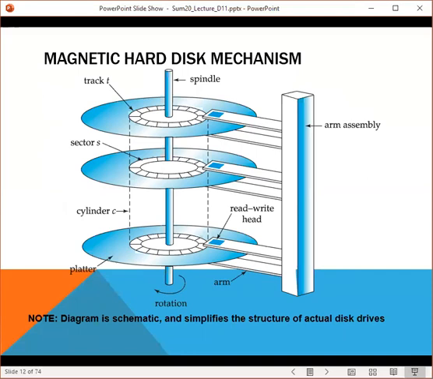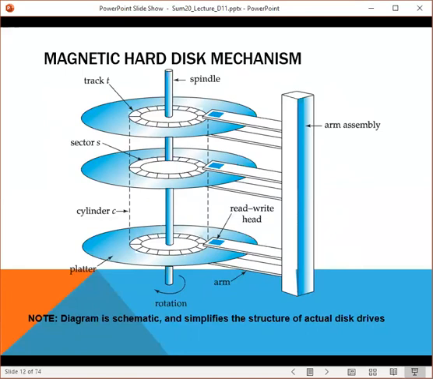So let's look at how data is actually stored on a disk and how the recording and playback process works. So the read-write head steps in towards the center or out towards the periphery of the platters.